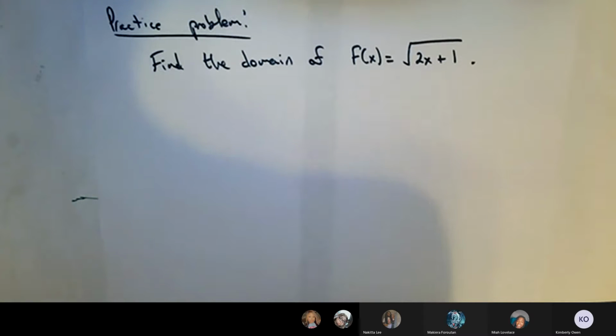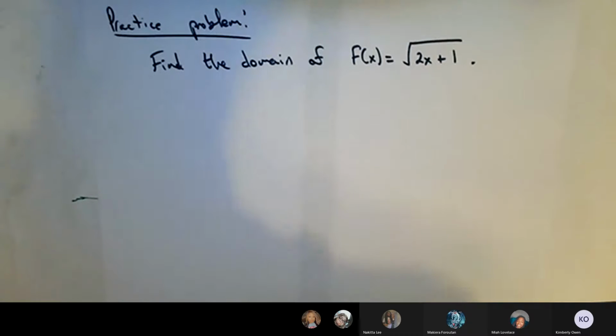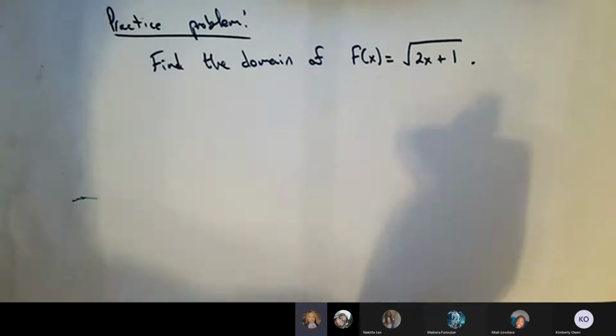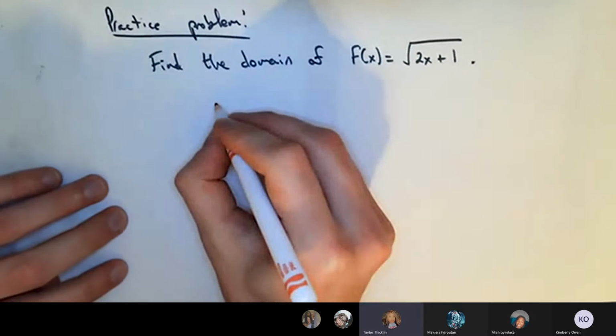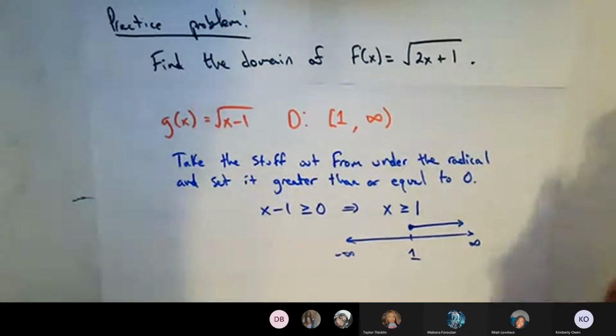Okay, I'll go from what I'm seeing as the bottom right and work my way left. So Taylor, what do you think would be the domain for this function? Look at the rules that I have for functions under a square root.